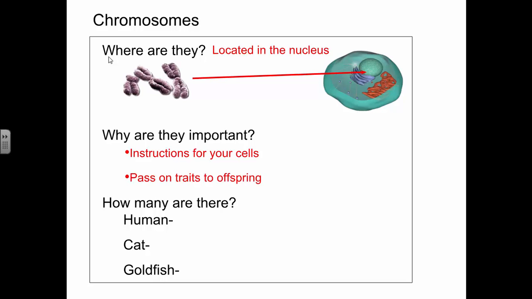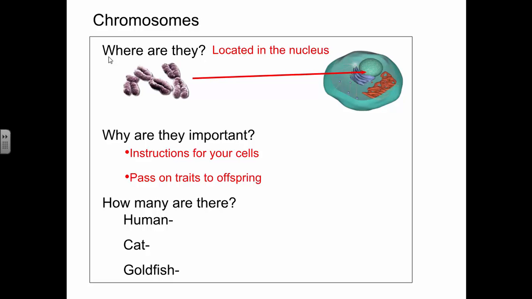And the chromosomes are what get passed on from parents to their offspring. So you all have in your normal cells 46 chromosomes. 23 of your chromosomes you inherited from your mother, and the other 23 you inherited from your father. We all get half of our chromosomes from each parent. Grace?